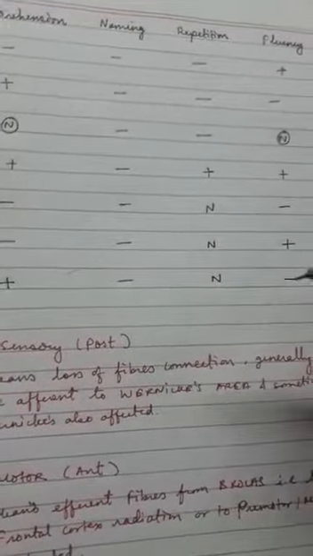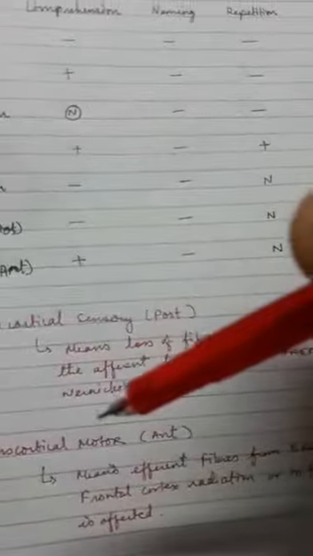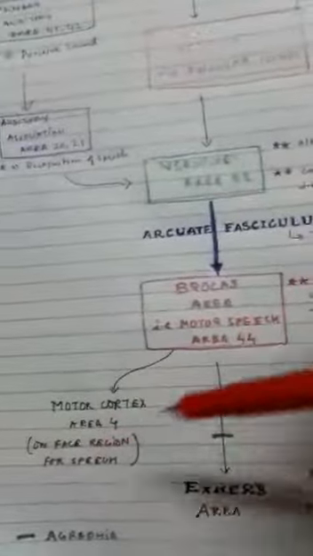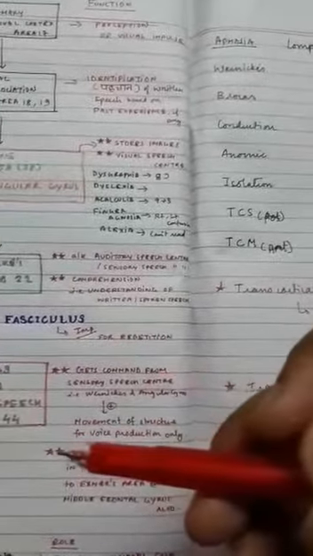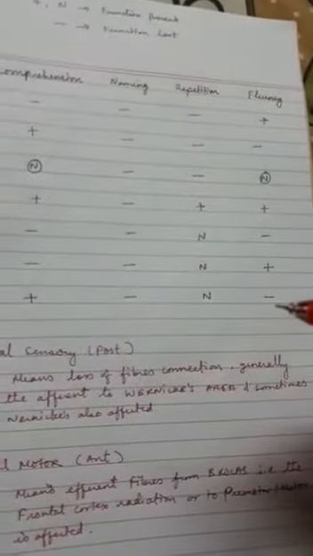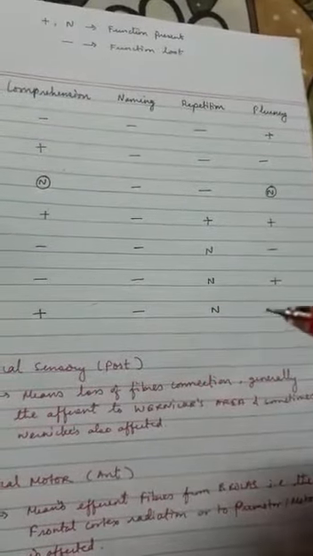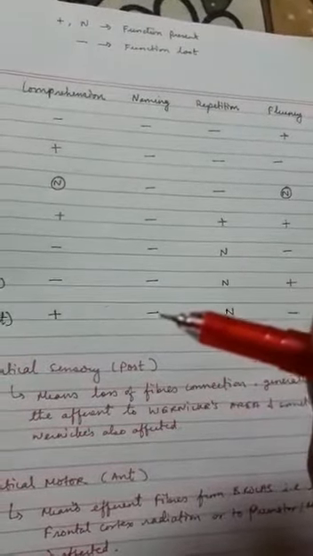But as the efferents from Broca's area are gone, the person will not be able to send impulses for vocal speech and for writing, and as a result there will be a problem in fluency and naming due to the vocal part. So I think I have made clear why all these types of aphasia happen.